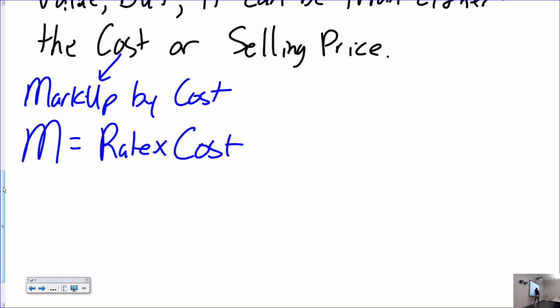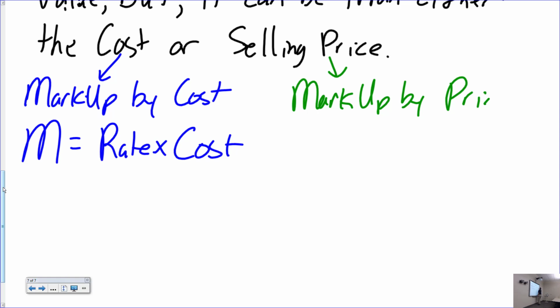All right, now, the other way that you can do it is that you can mark up by price. And the only difference, folks, is just how you base the markup. Instead of the markup being a percentage of the cost, guess what it's going to be a percentage of instead? Right. Yeah, that's the only difference.